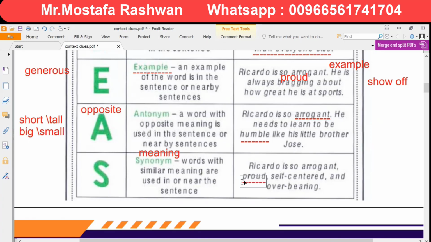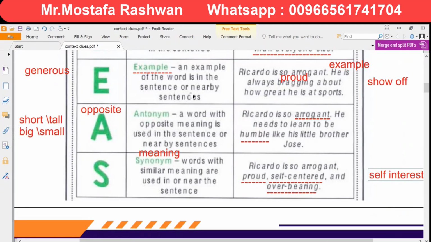The same meaning: proud or self-centered and overbearing. So self-centered means self-interested. He is only interested in himself and in his needs. He doesn't care about others.